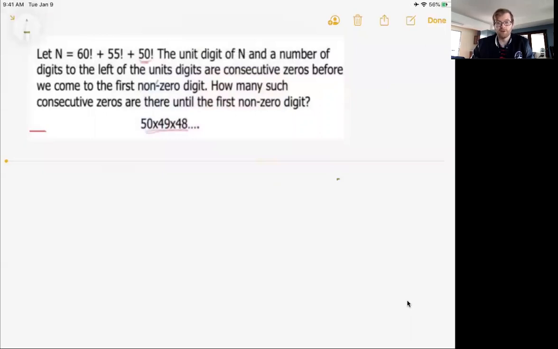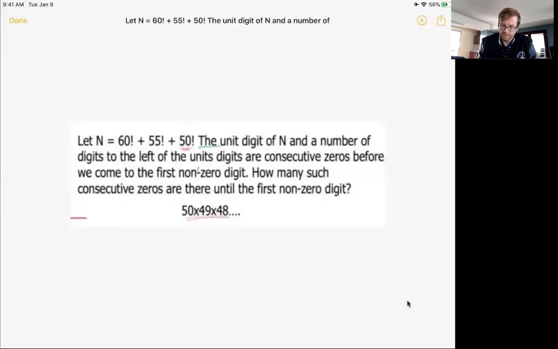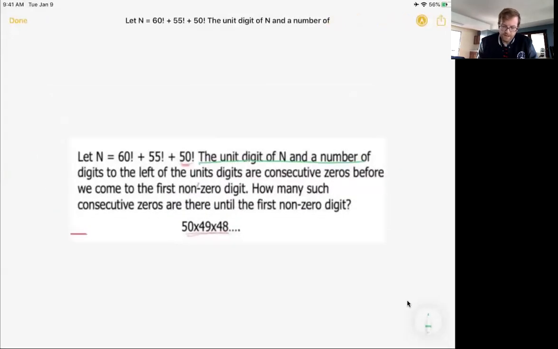Wow. So this problem, first of all, is just kind of tough to read. In the first part, you first have to figure out what they're talking about when they say that the unit digit of n and the number of digits to the left of the unit digits are consecutive zeros before we come to the first non-zero digit.